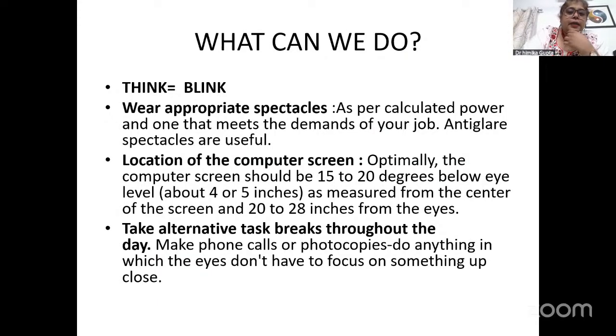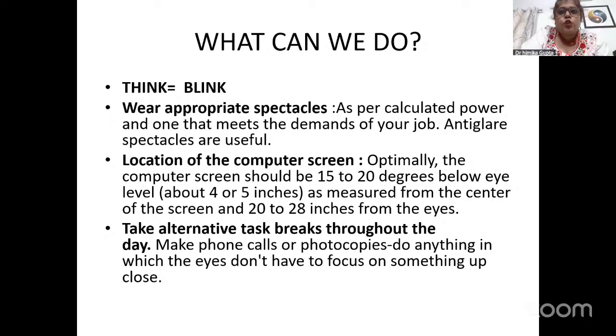Other things that can be done is think, blink. So each time we blink, the tear films of our eyes get refreshed. With that, the tear lubrication is more efficient. If we are focusing on the screen too much and not really focusing on our blinking, like we have heard the Hindi terminology aankhein faad ke dekhna.